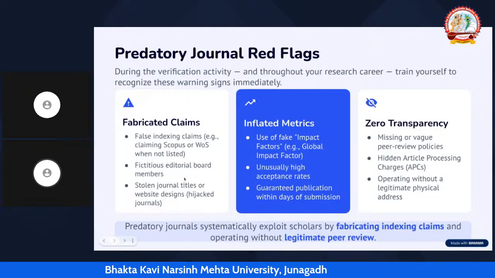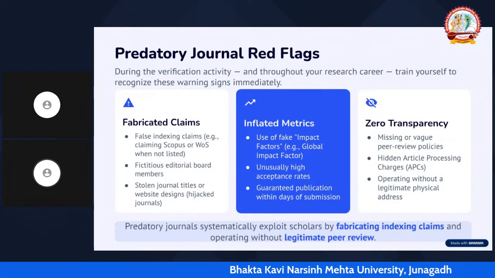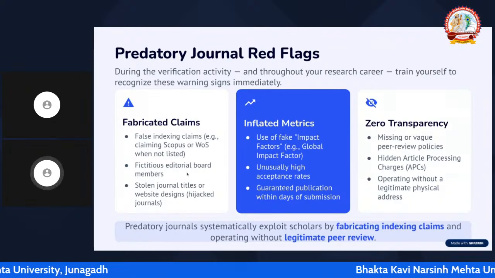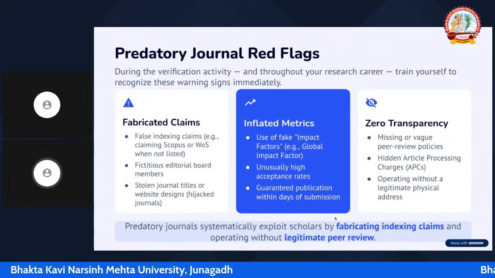They are functioning with a fake editorial board. Some names of members they are mentioning are not actually available in the editorial board. There are stolen journal titles to pass as the original one. So these are the approaches we have to use to identify the fake journals.